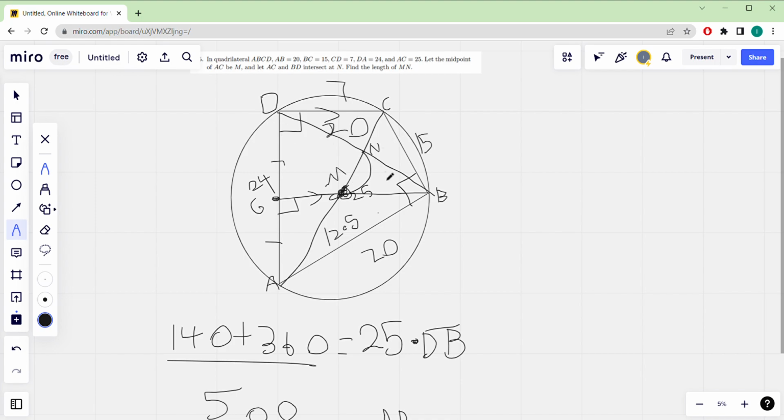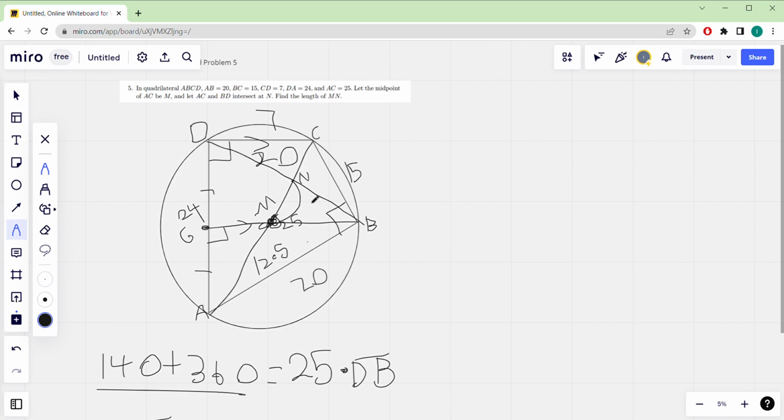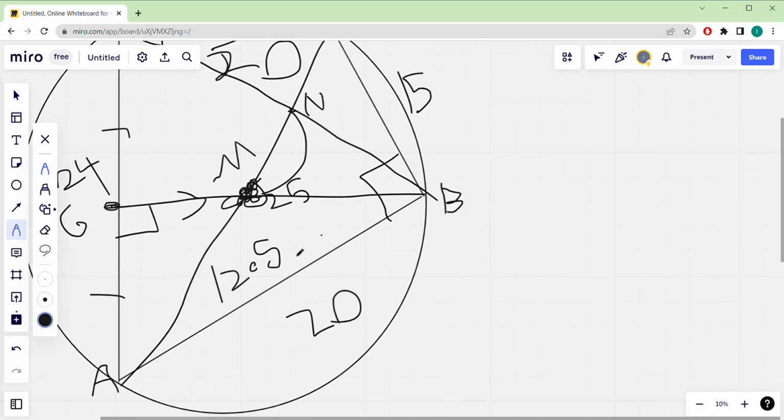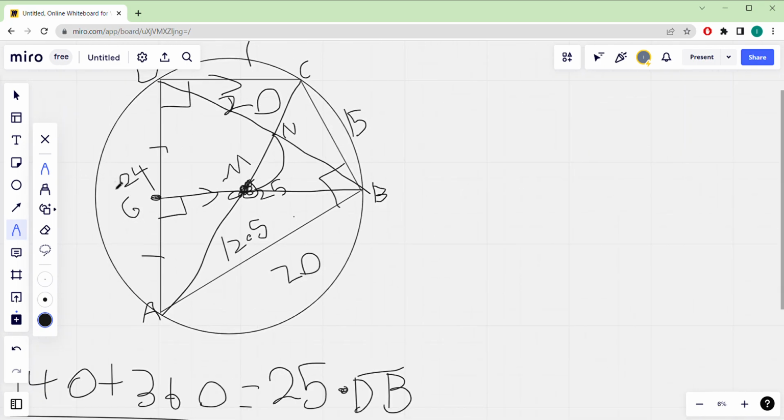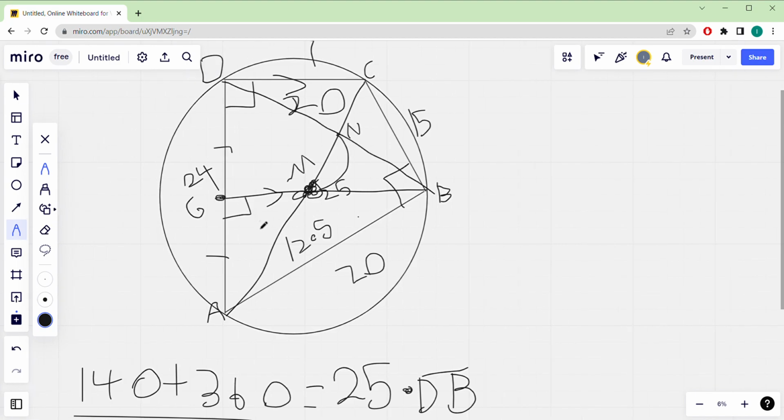Triangle DCN is similar to triangle NMB. We can also find this segment GB, which, since this is 12, this is 20, with the common scale factor 4, this is a 3, 4, 5 triangle. So the total length of GB will be 16.